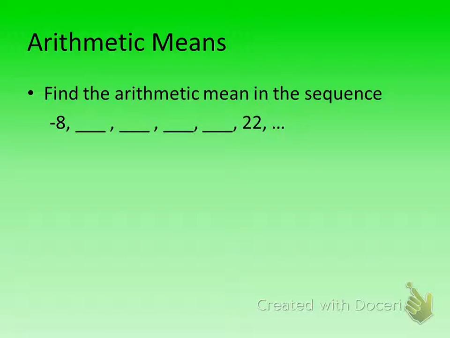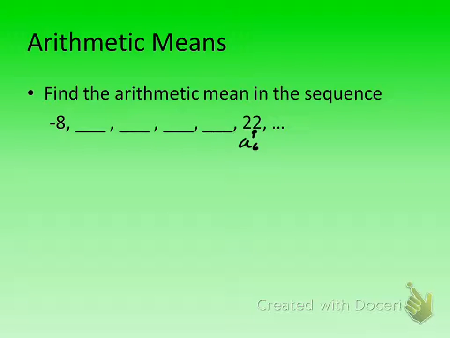It's -8. So you can safely assume -8 is the first term. And it actually has to be the case. Now, if you look at these, you have one term here. How many terms missing? 4 terms missing, so this would be the 5th term, right? And 22 would be what term? The 6th term. So we know what a sub 6 is. It's 22.